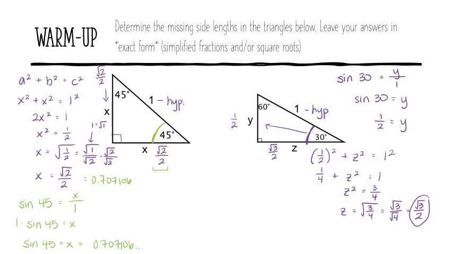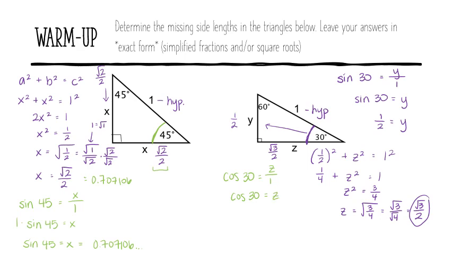So kind of the same as before, I could have used trig, right? I could have said perhaps the cosine of 30 degrees is equal to z over 1, which if we multiply both sides by 1 just means the cosine of 30 is equal to z.